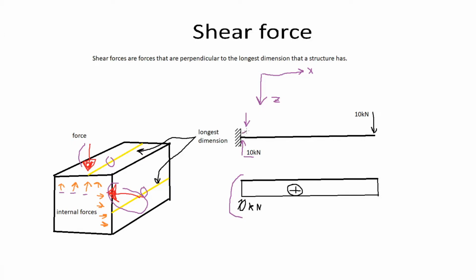Then there is a whole lot of nothing within the beam, so the shear force will not change, and then we have a positive external force acting on this beam, and this will create a negative internal force within the beam. So 10 kilonewtons minus 10 kilonewtons is 0, and the internal force graph will go to 0.